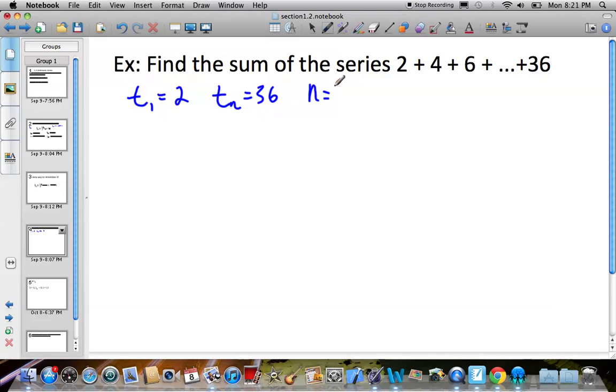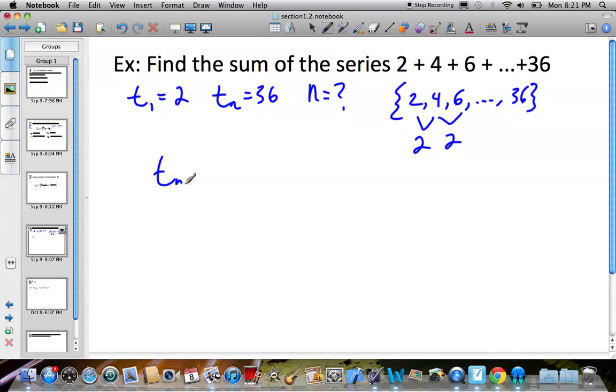We don't have n. So what we can do is treat this like a sequence and find the general term right away. This is my sequence. So let's find the general term of this, and we can find our common difference, which is 2, of course. It's going up by 2.